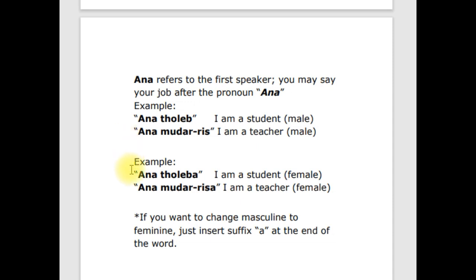Example for female, ana طالبة. So you need to insert a suffix here. أنا طالبة, I am a student. أنا مدرسة, I am a teacher.